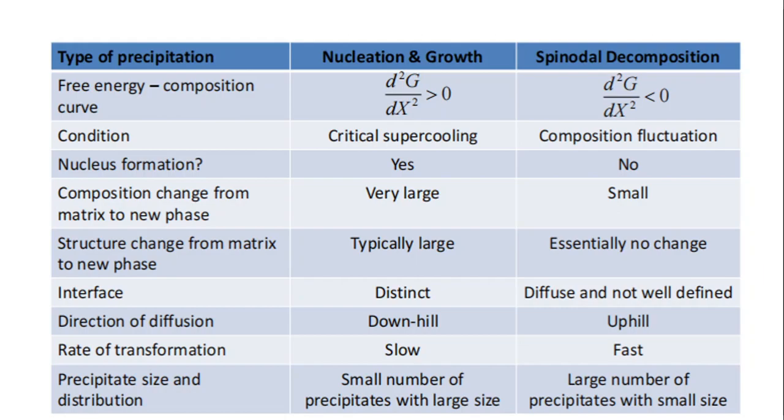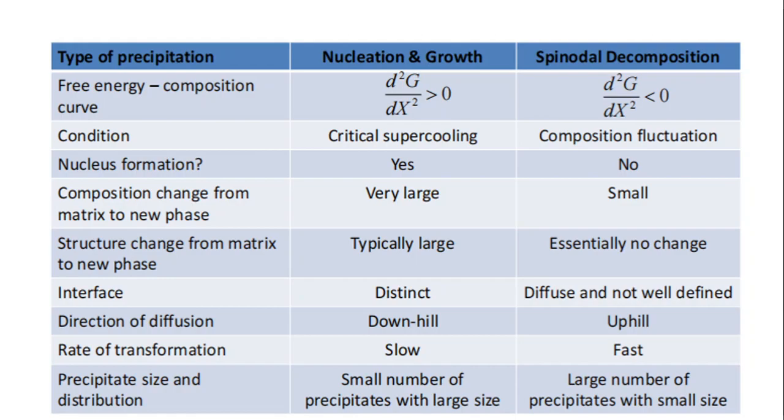In the case of spinodal decomposition, you require a composition fluctuation which will be amplified. In nucleation and growth type of transformations, nuclei are formed and they grow. In spinodal decomposition, nuclei do not form.